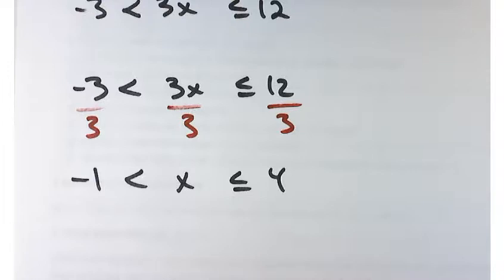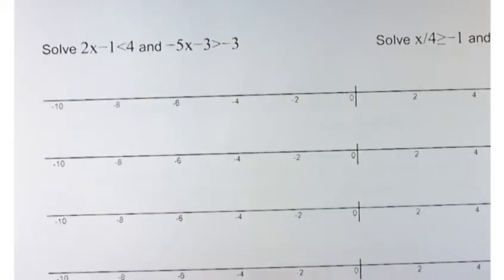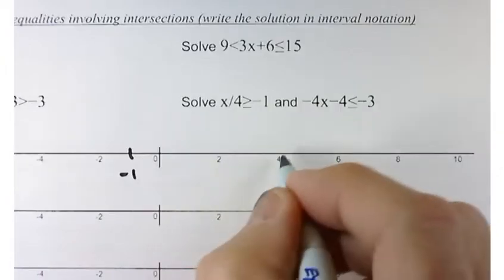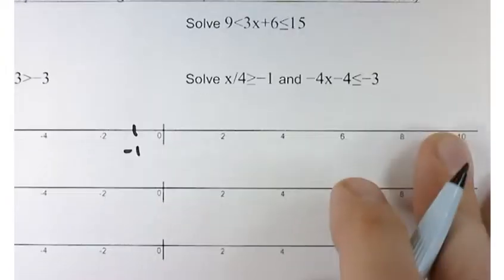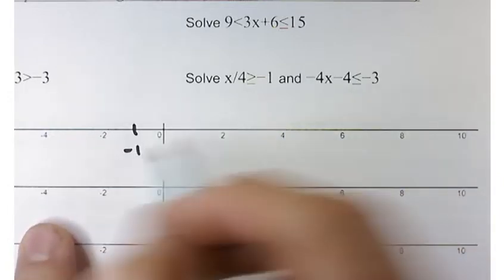So let's graph it. I want negative 1 is less than x is less than or equal to 4. So let me kind of estimate that negative 1 would be right here. 4 we don't have to estimate. But what kind of dots am I going to put at negative 1 and at 4?